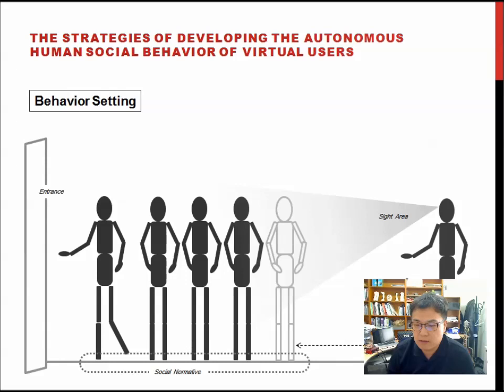This behavior setting is very easy. There are some kinds of social norms. When an agent comes to this place, the place gives some kind of function to the agent, and then following these functions is possible.